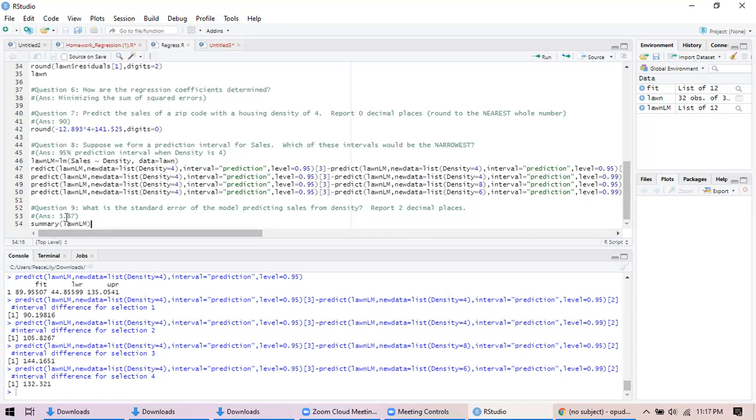Let me look at this again. It asked me for the standard error of the model predicting the sales. I think what I did was se.fit. Se.fit is the one that you have to do for this one.